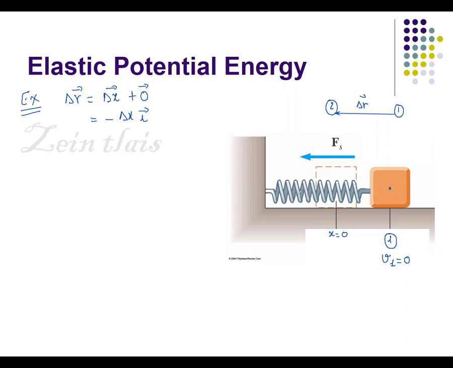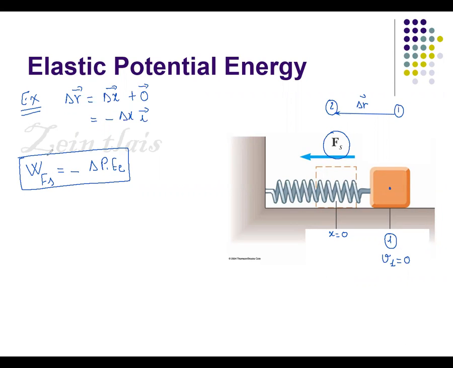Okay, we have this displacement. The only force applied on the object is Fs. You know, in general, the work done by Fs equals minus delta elastic potential energy. You have to apply this relation directly.